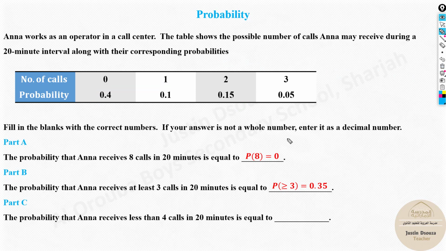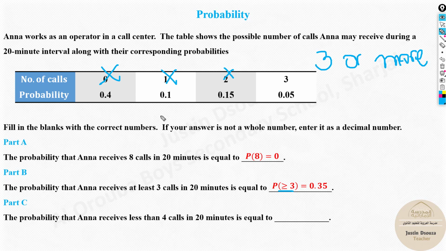So then what we do is, this is very important. The probability that Anna receives at least 3 calls means it can be 3 or more. It can be more than 3 as well. So these cannot be there in this particular probability. These, 0, 1, 2 over here, cannot be there. So let me add this.